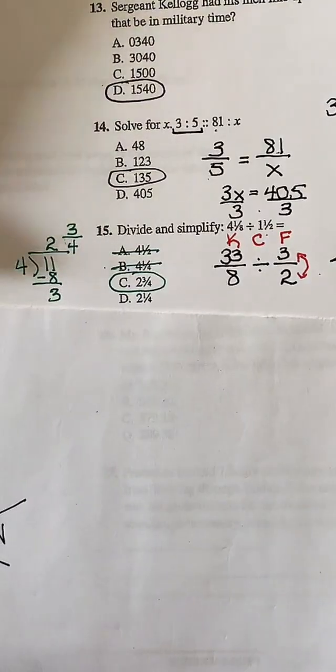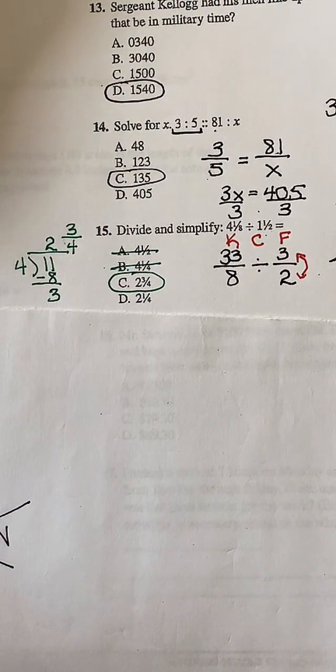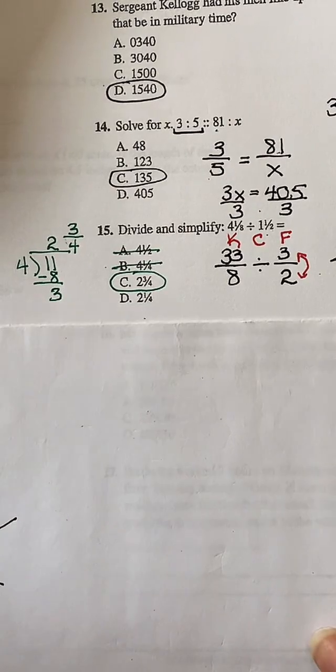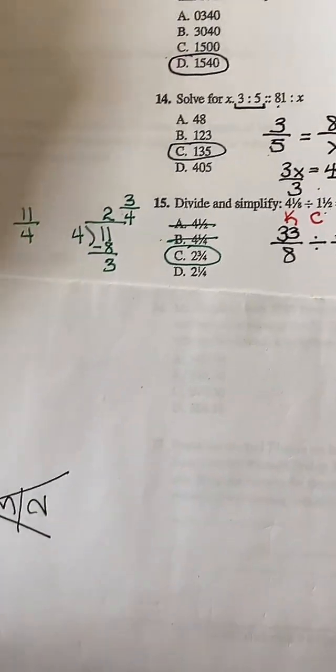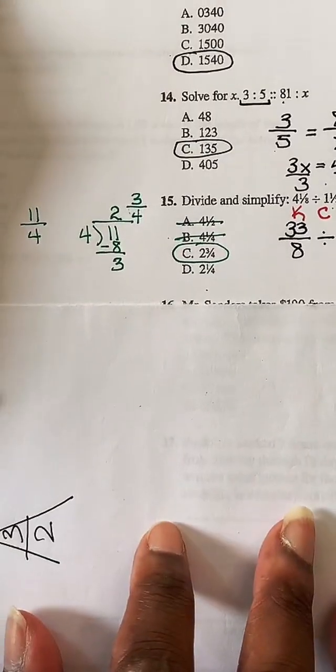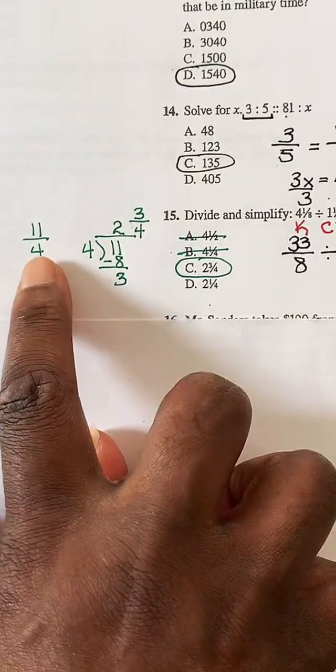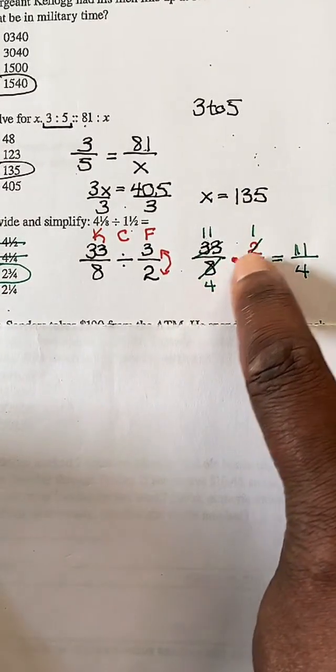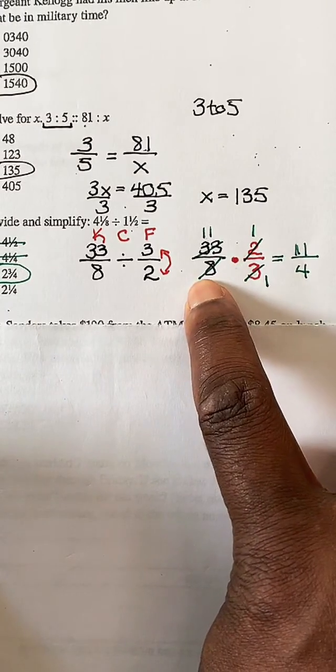Okay, we got the 3. Where did the 4 come from? Okay, so the 4, where did the original 4 come from? Once I simplified. So when I cross-simplified with 2 and 8.